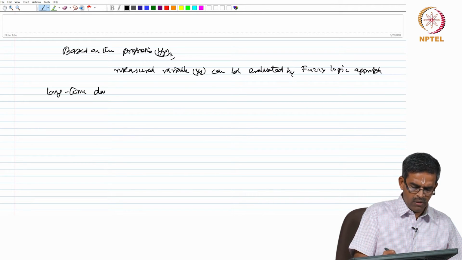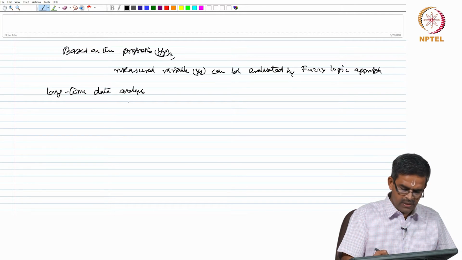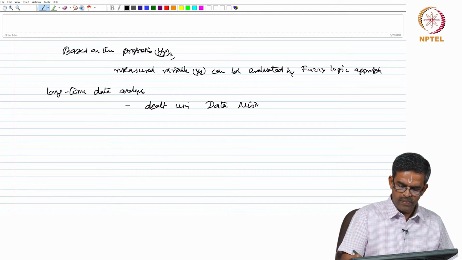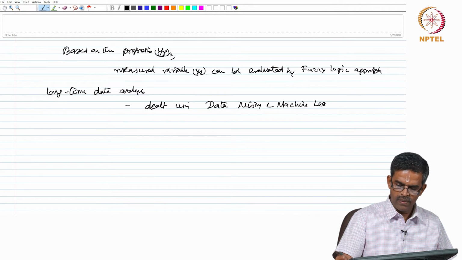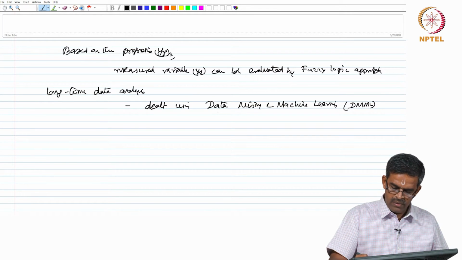The long term data analysis is generally dealt using data mining and machine learning, this is DMML technique.